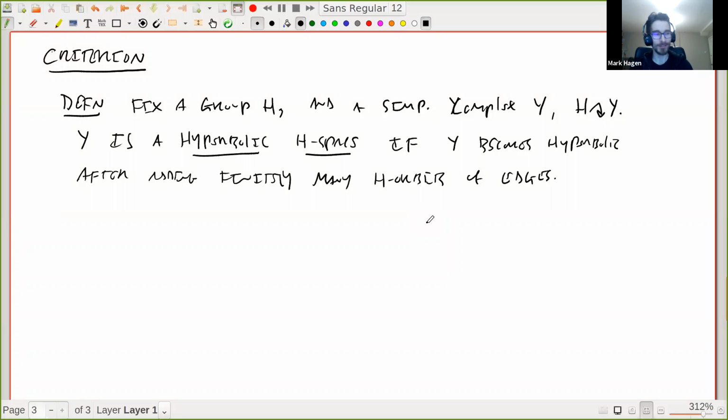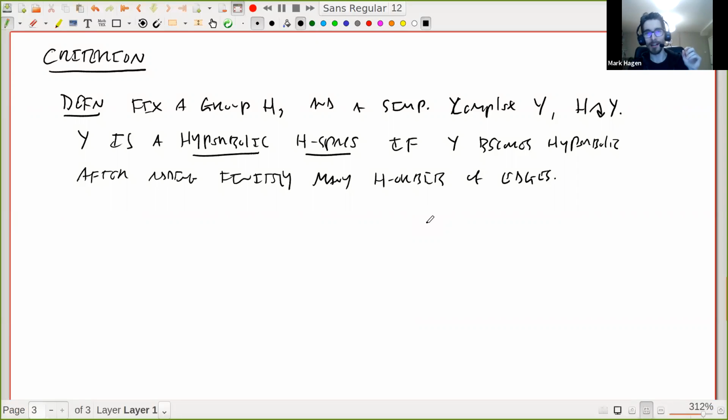So the simplest example you can imagine is maybe I have a hyperbolic group H, and my simplicial complex is just the discrete set of vertices, with a vertex for each group element. The metric there is pretty boring. Any 2 points are at infinite distance, right?